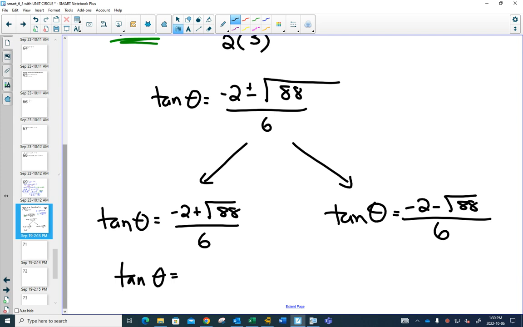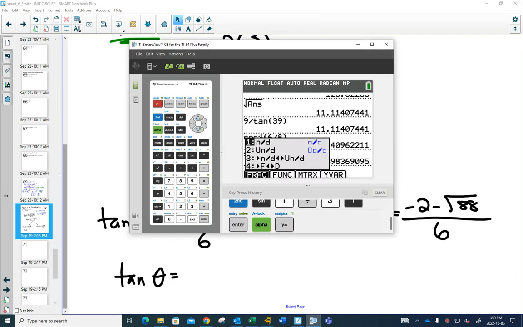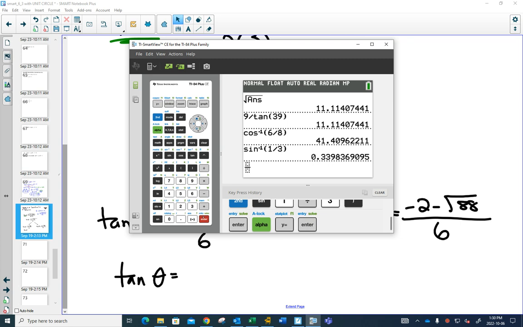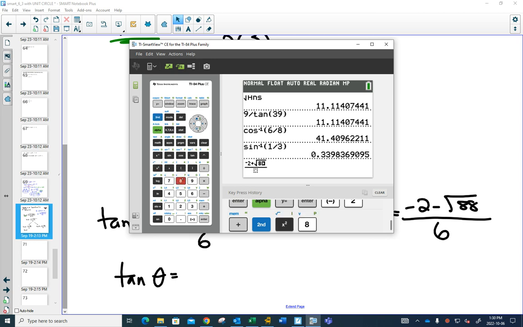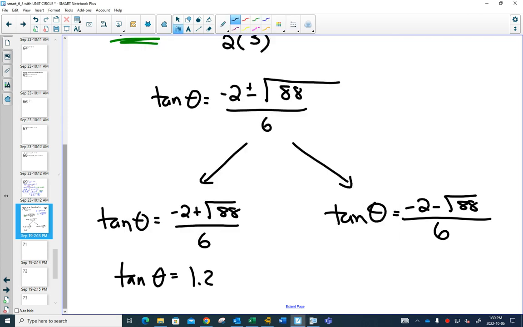I mean, we can type it into our calculator. I'll use the fraction button, so I have negative 2 plus the square root of 88 divided by 6. So this one happens to be 1.23 dot, dot, dot.